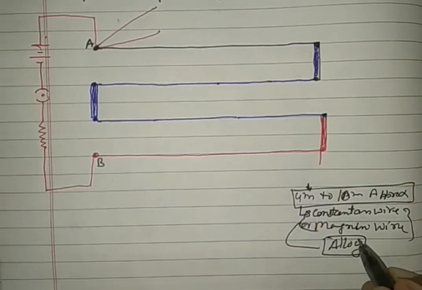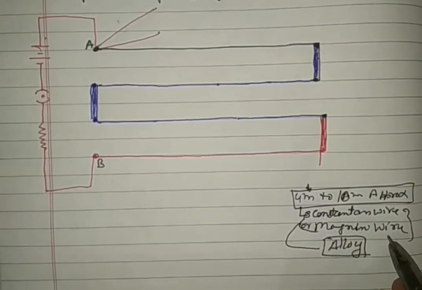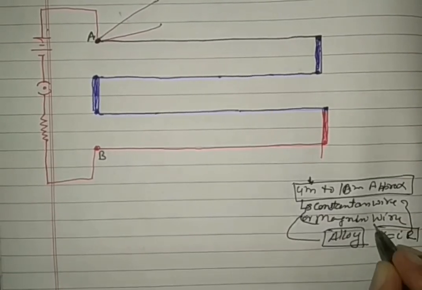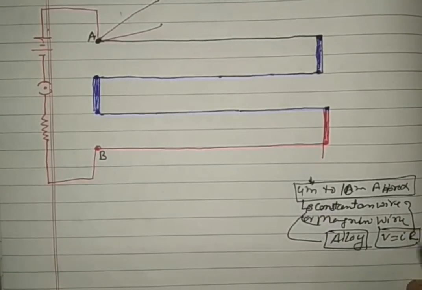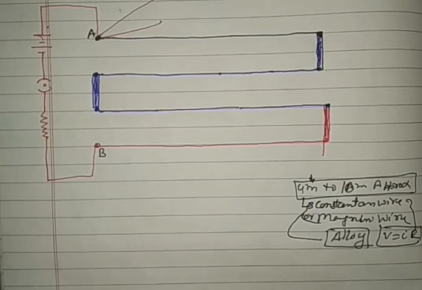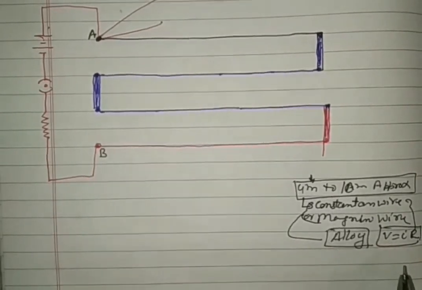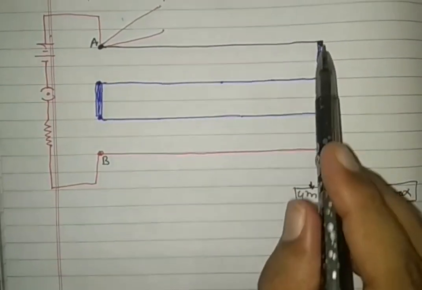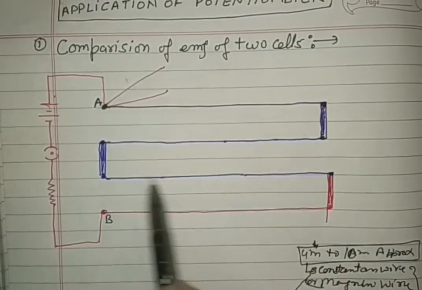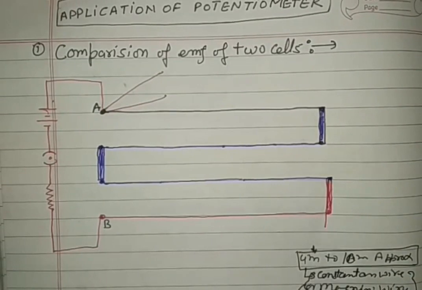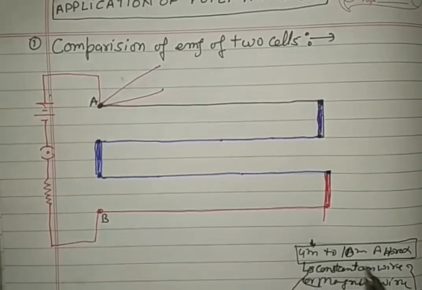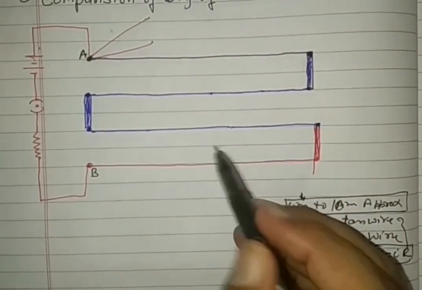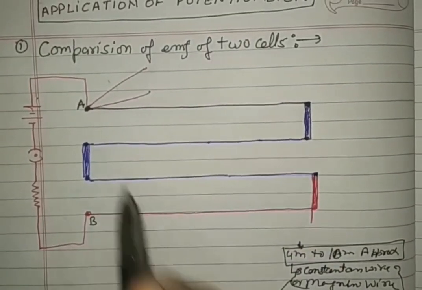It has a sufficient resistance, because we know potential distribution depends on I into R, so a significant value is only there if there is a resistance. So to do this experiment, a 4 meter wire of Constantan is mounted on a wooden frame with a meter scale. So 1, 2, 3, 4 meter wire is here.